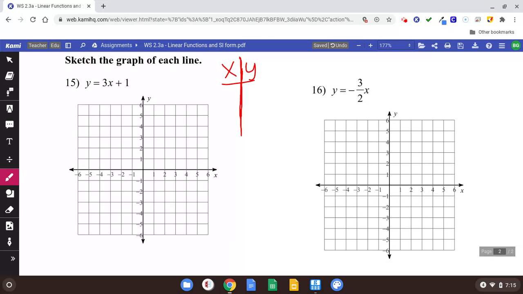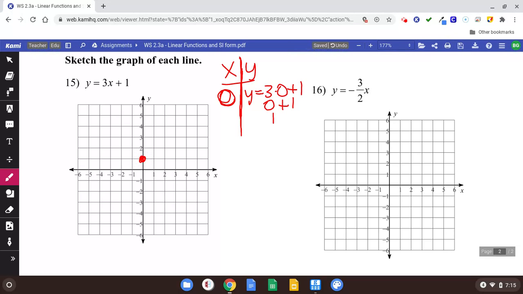So if you picked a couple of easy points, let's say we plugged in 0. Okay, let x equal 0. Then y would equal 3 times 0 plus 1. 3 times 0 is 0, plus the 1 is 1. We've got a point right now of 0, 1. 0, 1 is right there.